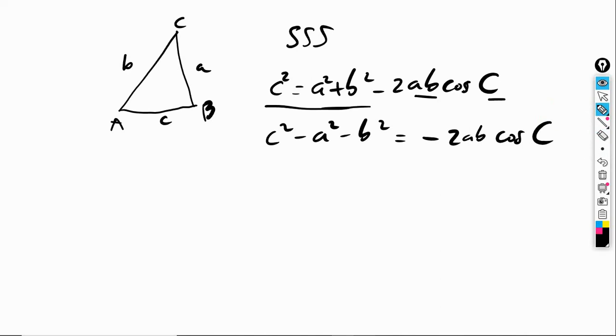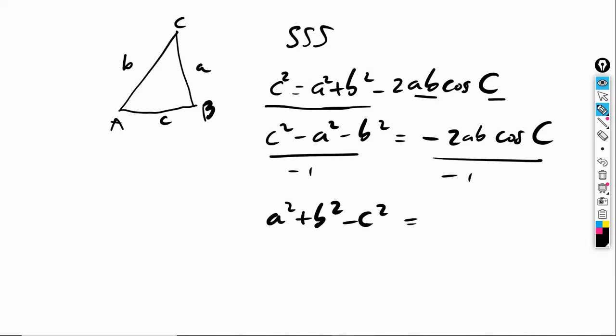Now, I don't like having a negative here, so let's divide both sides by -1 and then rearrange this to the left. So we can rewrite this as a squared plus b squared minus c squared is equal to 2ab cosine of C.